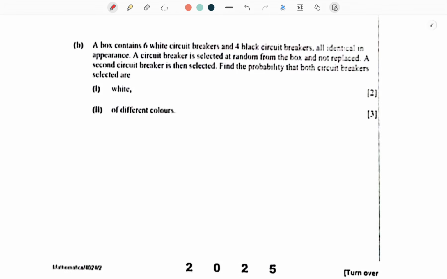So the first thing that you are supposed to do is simply to construct what we call a tree diagram. Now, to construct a tree diagram, the first thing that we are going to do is construct something which is going to look like this. This one is going to be white circuit breaker.